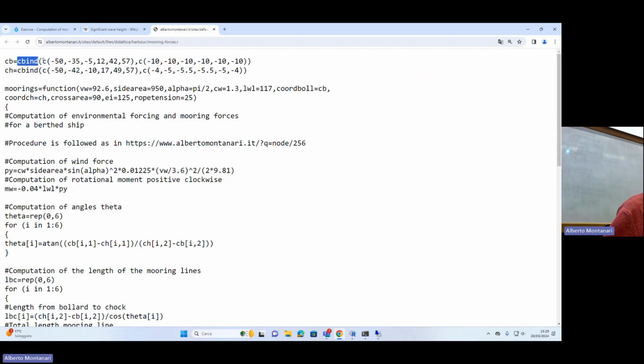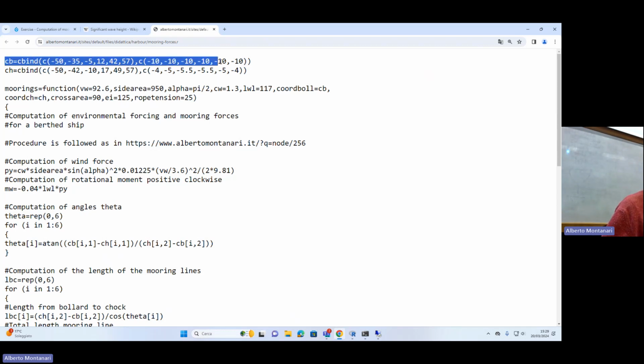And the two columns are the two vectors. This one, which I am selecting now, of the X coordinates, this one for the Y coordinates. So I am binding the columns given by two vectors, one column for the vector X, another column for the vector Y.